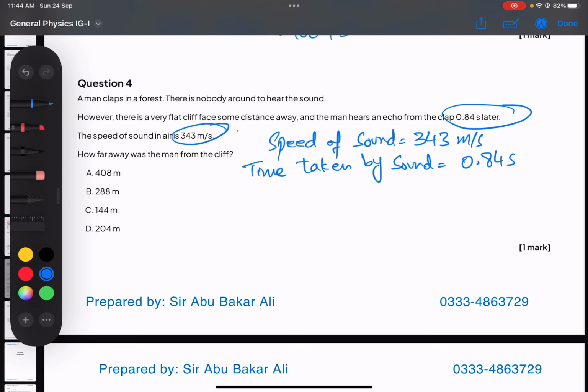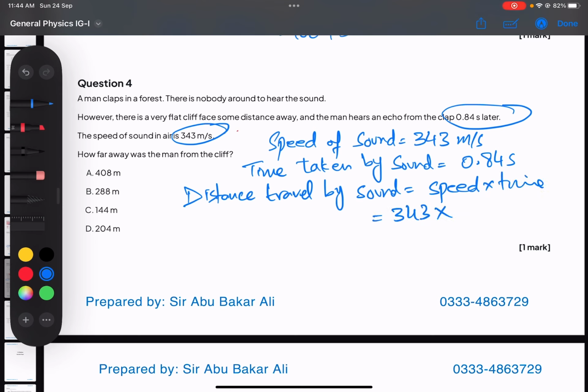Okay, so to find the distance traveled by the sound, distance is equal to speed multiplied by time. So that will be 343 multiplied by 0.84. If you multiply, it will give you 288.12.